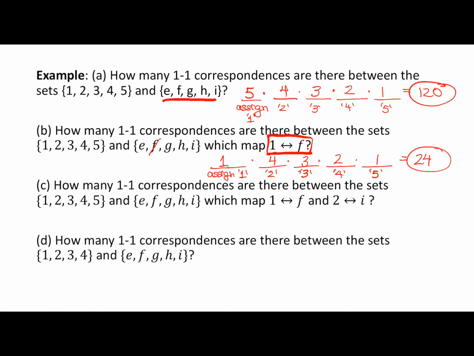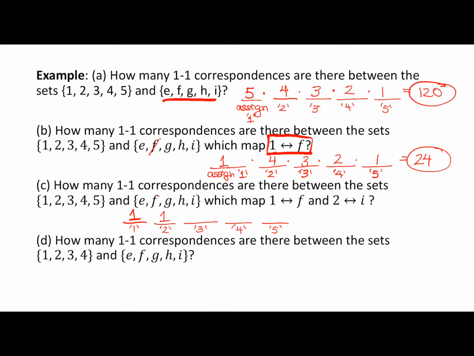All right, now I'm going to fix 2 elements. So F is going to correspond to 1 and I is going to correspond to 2. So again, think of my tasks as assigning each of the elements in my first set. 1 maps to F, so I have 1 choice for 1, it maps to F. 2 maps to I, so I also have 1 choice for 2.